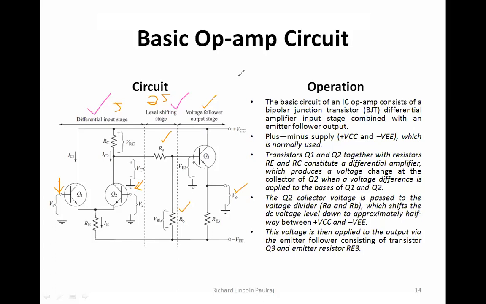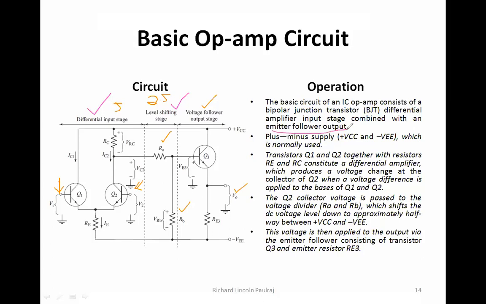So we will just go through these points. Whatever I have explained, I have put here for your reference, but we will have a quick glance through them. The basic circuit of an IC op-amp consists of a BJT differential amplifier input stage combined with an emitter follower output.